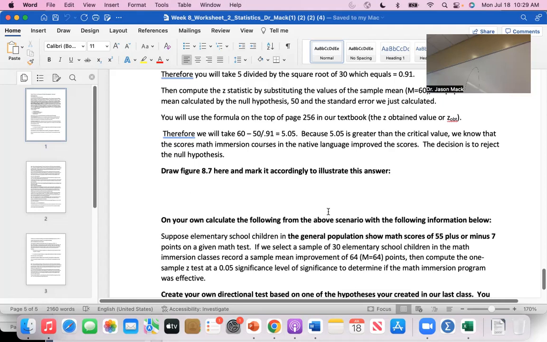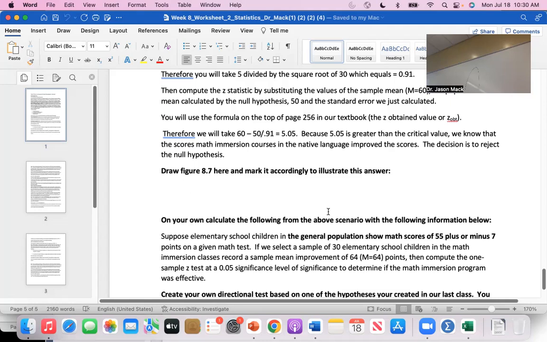And then the last one is create your own for that one. Does that make sense? Literally just plugging in the new data into chapter 8. For the last one, you could create your own, or what you could do for anybody is take something like this paragraph and change your numbers a little bit, like make a different mean, make a different standard deviation, and then just walk through it the same way.